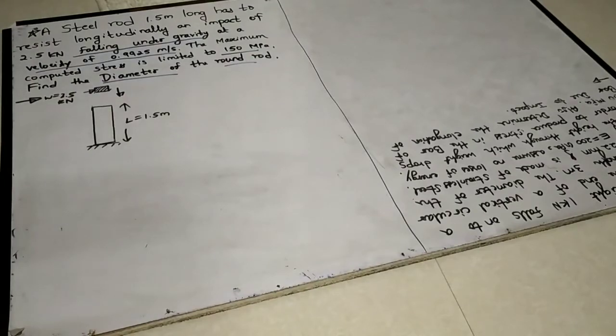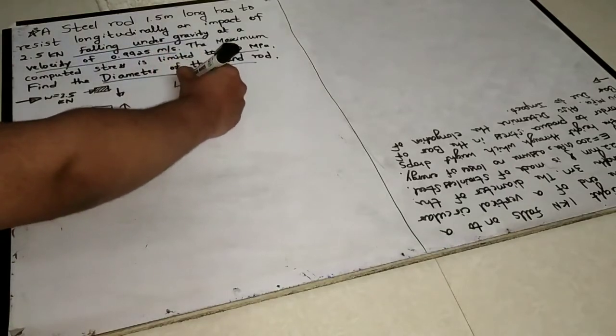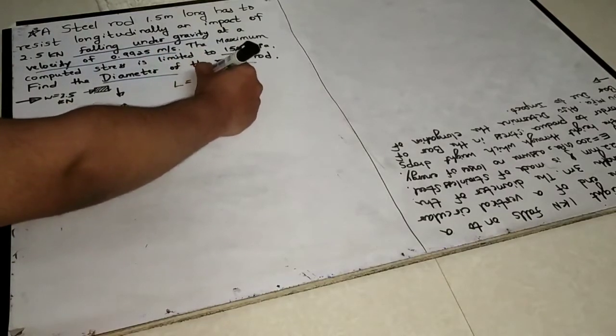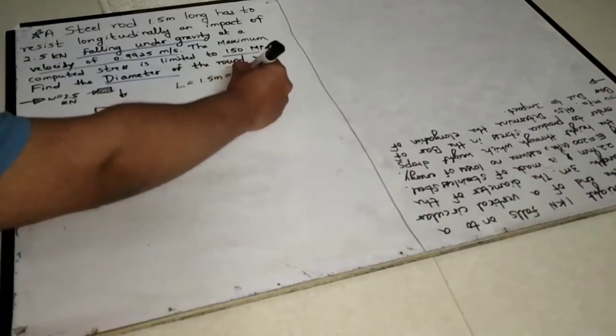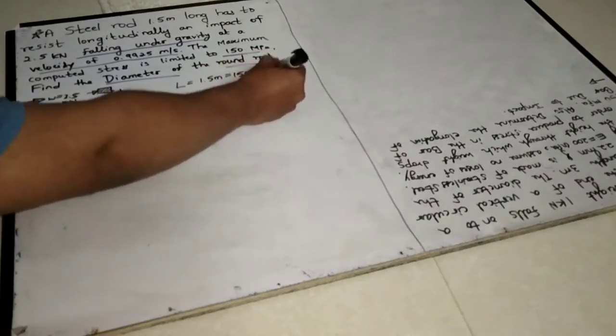So first of all, let me write the given data. So L is equal to 1.5 meter, that is 1500 mm, right? So next, what else they have given? Maximum computed stress is limited to, which means when this weight falls on this rod, there will be impact stress, right?